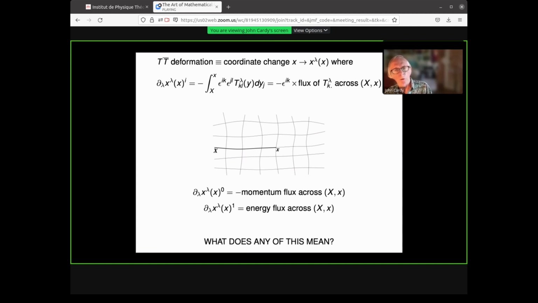And at this point, you might want to ask what this means, because on the left-hand side of our equation here, we have a coordinate. On the right-hand side, we have an operator. So how can the change in a coordinate be equal to an operator? Well, it makes some kind of sense in correlation functions and in the path integral, but one would like to put some mathematical meat on these bones a little bit.